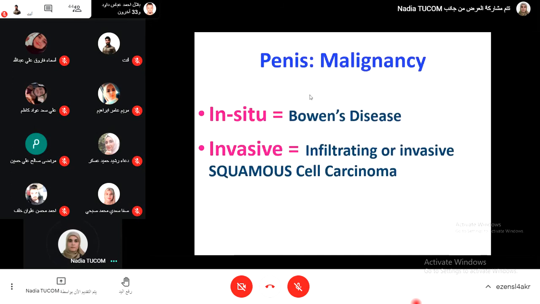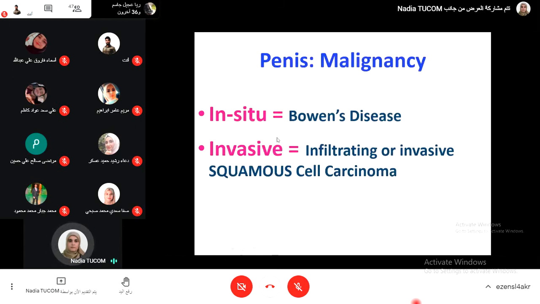The in situ changes or carcinoma in situ of the skin in general is called Bowen's disease. When you hear Bowen's disease, it indicates severe squamous dysplasia or squamous carcinoma in situ. Whereas invasive squamous cell carcinoma is the same conventional type as in the oral cavity, the skin, and the anus, with the same morphology: squamous sheets infiltrating deep structures.